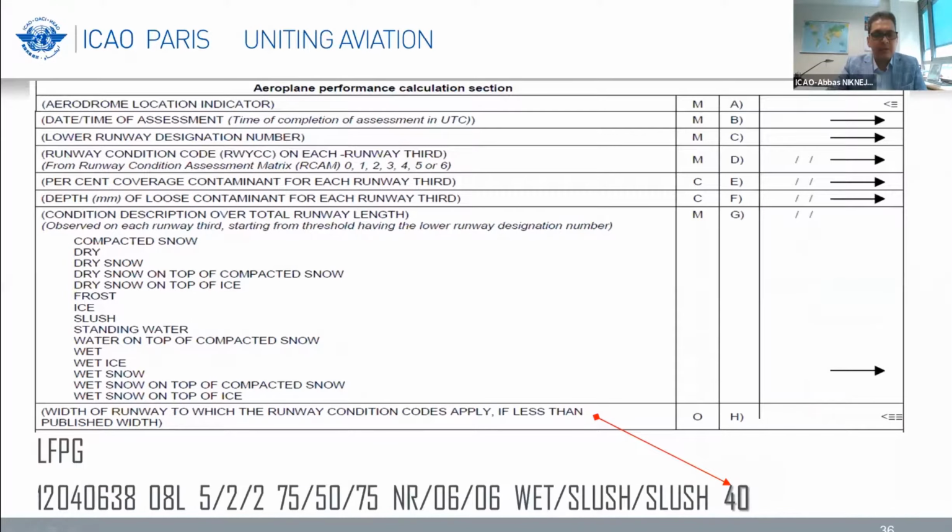If, as a consequence of clearing or treatment of the runway, you cleaned parts of the width of the runway and the whole width of runway is not available, and the available width of the runway is less than the published one, then this part represents the part of runway which is linked to the runway condition code reported above. It should be reported as item H. Otherwise, you will not put anything.